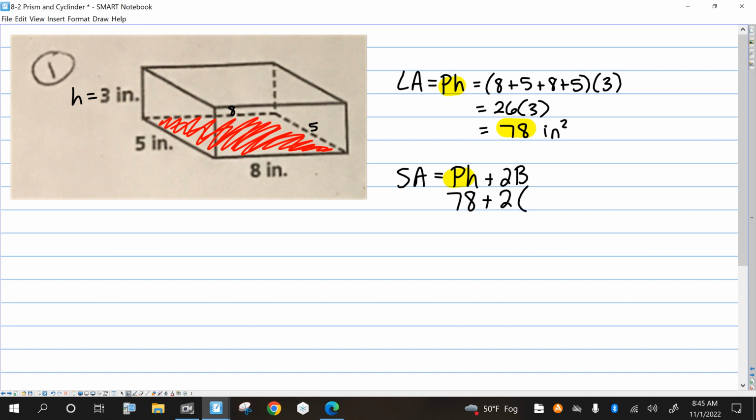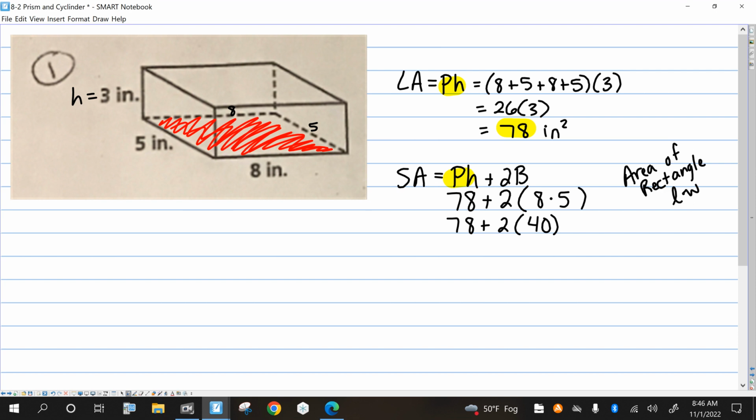Plus 2 times B. Now this capital B stands for area of the base. So what shape is our base? It's the bottom. It's a rectangle. How do you find the area of a rectangle? Yep, 8 times 5, so it's 40. To find area of a rectangle, you multiply length times width, and this could be of a square as well.